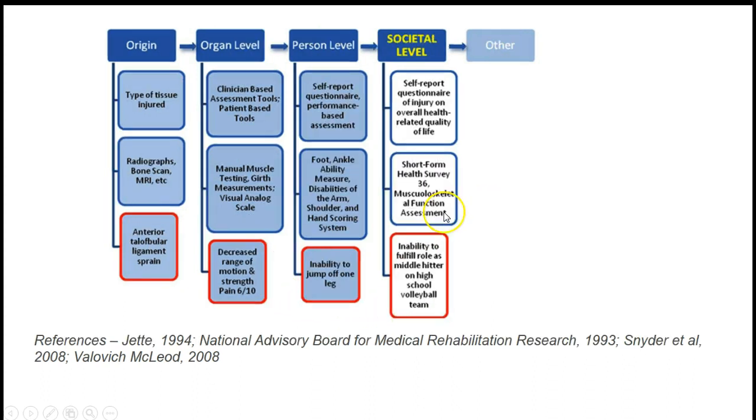Hopefully that's making sense. At the societal level, we also want to do self-reported questionnaires. But again, we're looking at overall health-related quality of life, right? So we want to use a generic, comprehensive patient-rated outcome measure, and most often that's the Short Form Health Survey 36.